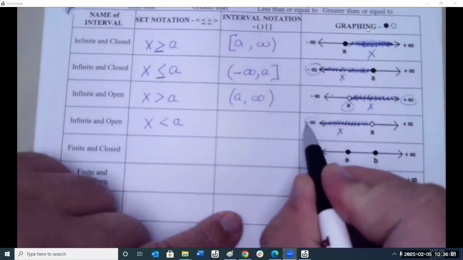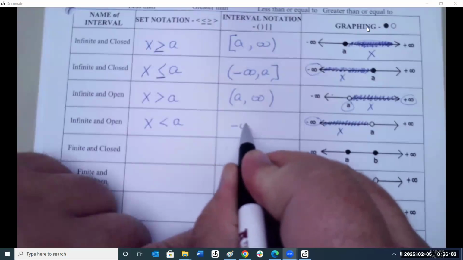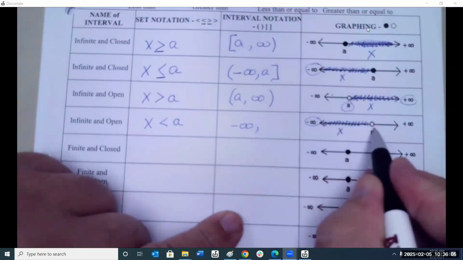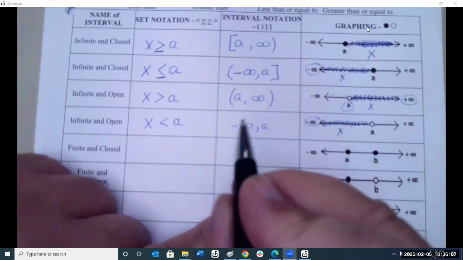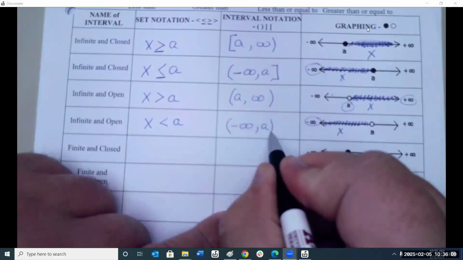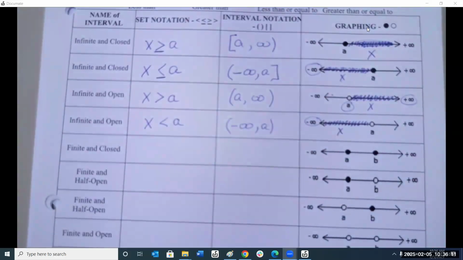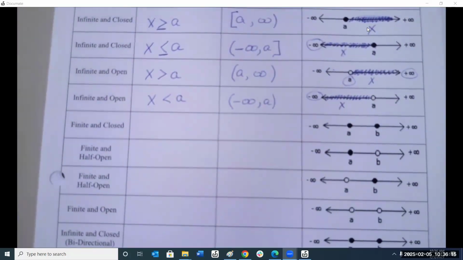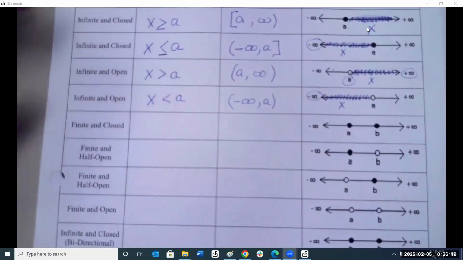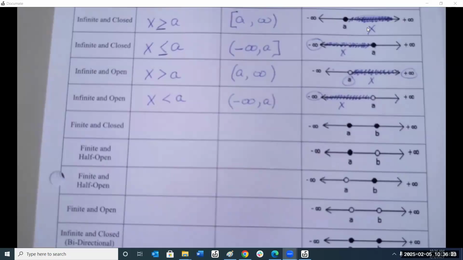The smallest is negative infinity. And it goes all the way to A. And I can't get to both of those. So those are my four infinity cases, where it starts at a number and goes to either positive or negative infinity.